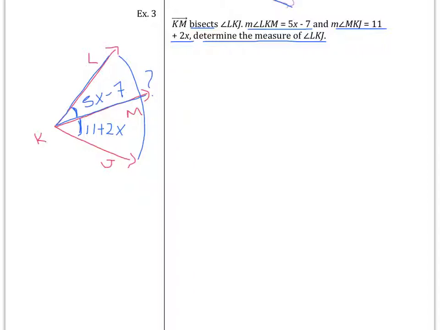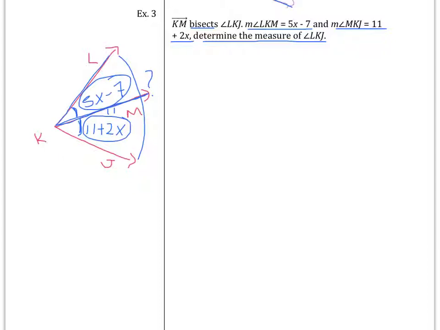Since KM bisects the angle, this angle is equal to this angle. That's what we are going to use to solve for x, and then go back to substituting so we can find the measure of angle LKJ.